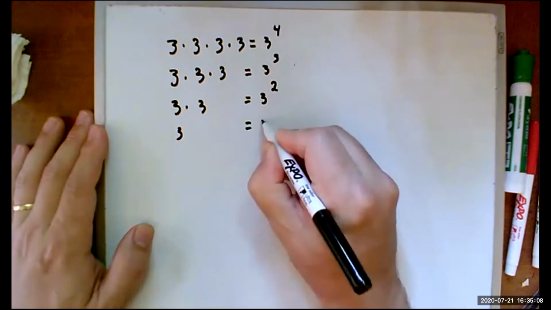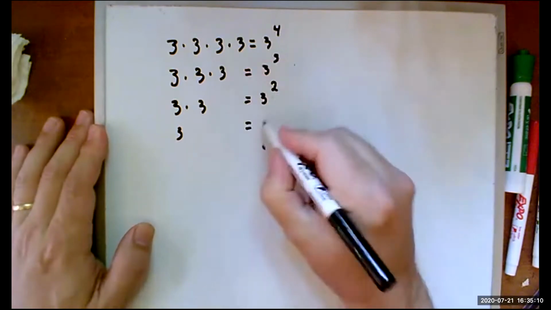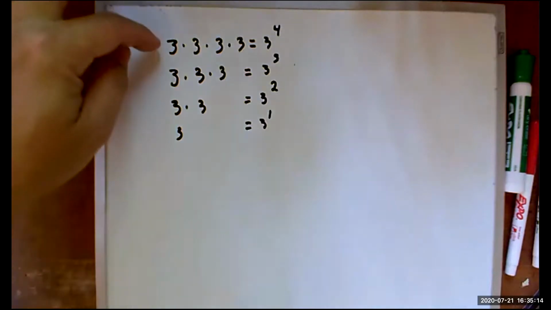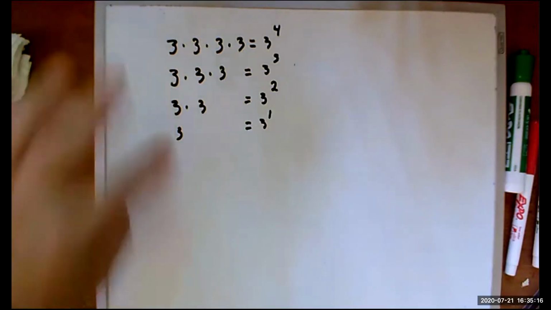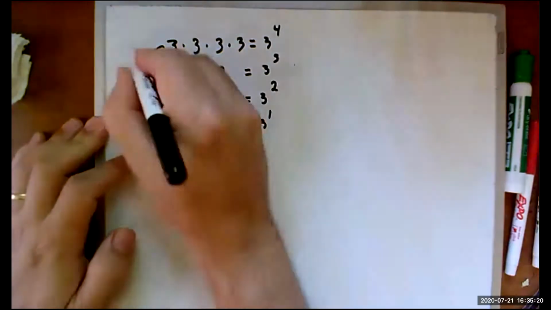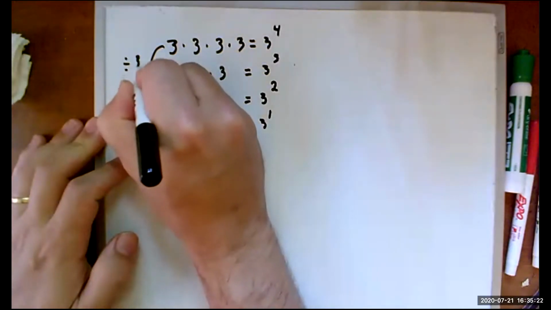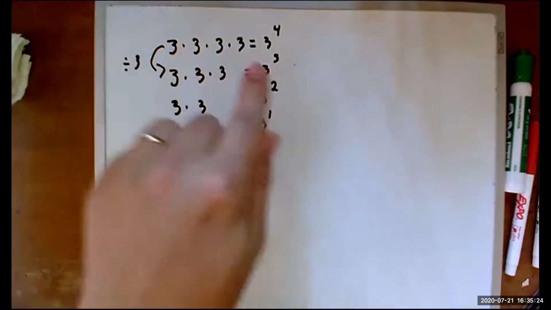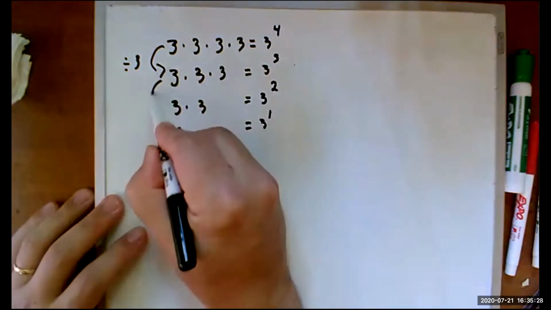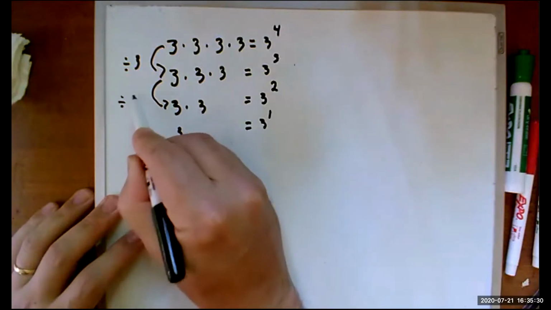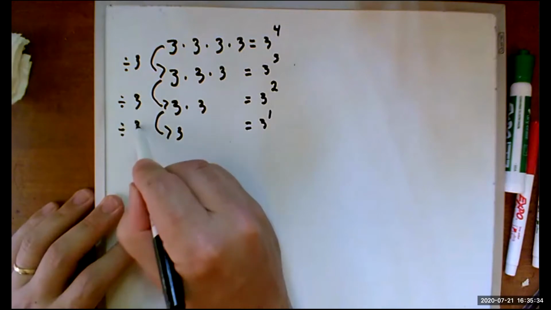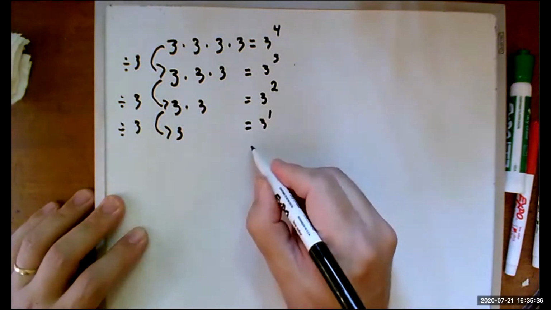What I would like you to take note of, as we move down this little ladder, is that at each level I'm dividing by 3. So if I have four 3s, I divide by 3, then I'm down to three 3s. And then I divide by 3 again, and I'm down to two 3s. And then I divide by 3 again, and I'm down to one 3.